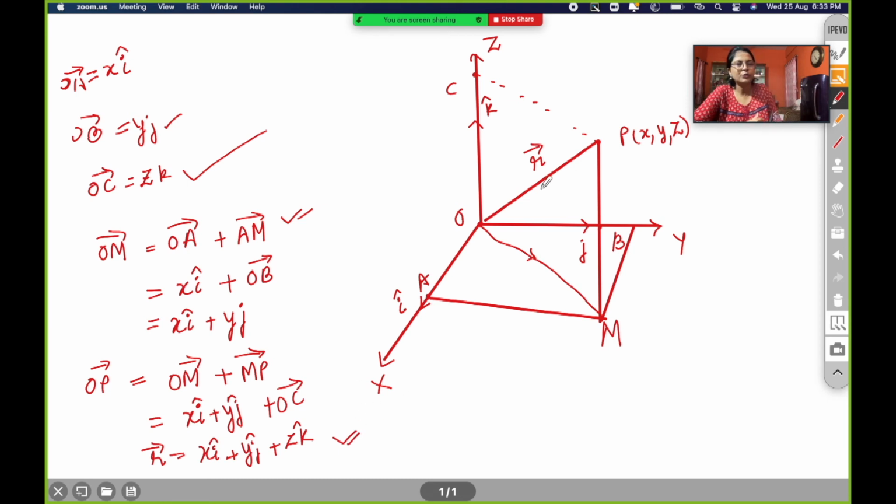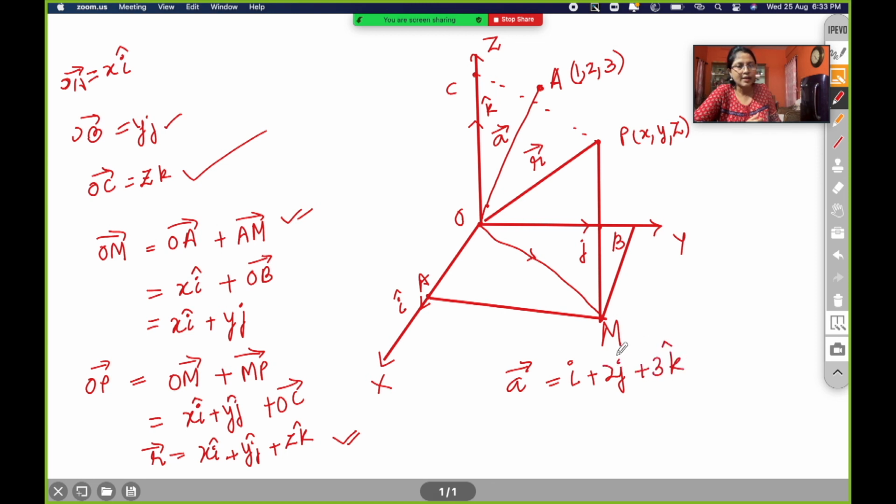So if we talk of any point in space, suppose point A with coordinates 1, 2, 3, then in vector form the position vector of A with respect to the origin, vector A, will be 1i plus 2j plus 3k.